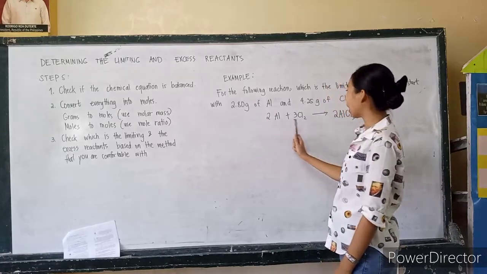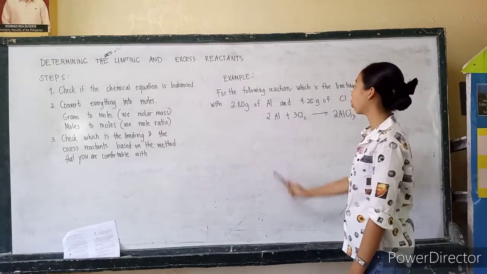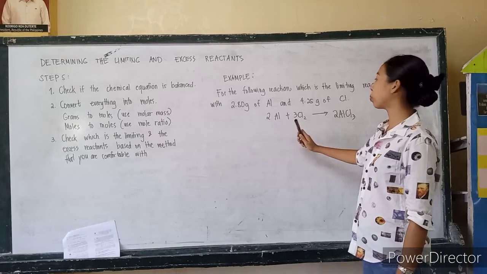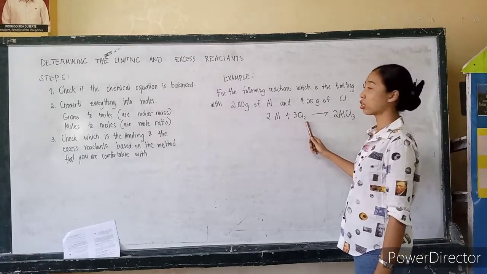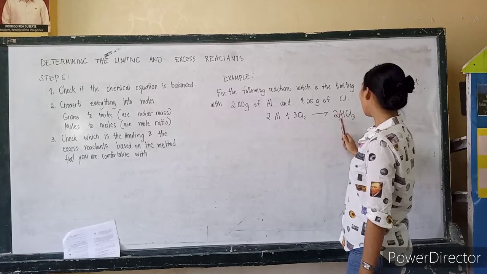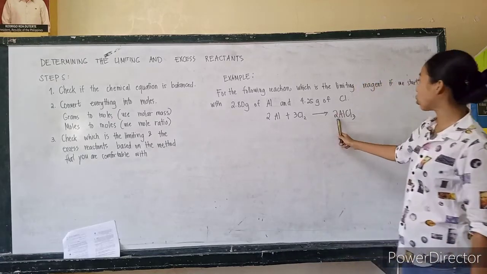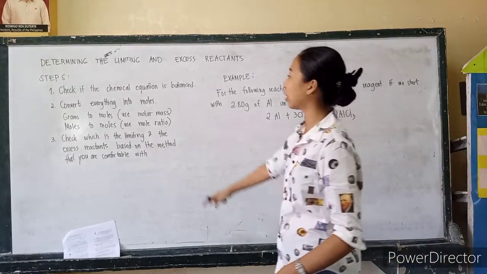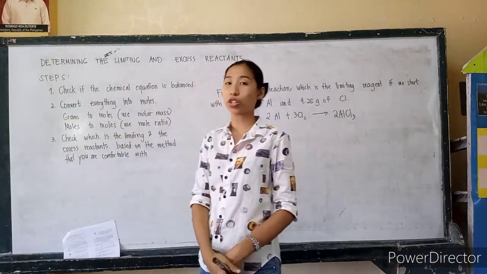Aside from that, their mole ratios also differ. So the reaction is: 2 aluminum atoms plus 3 chlorine molecules yield 2 AlCl3. Okay, so first, we check if the chemical reaction is balanced.